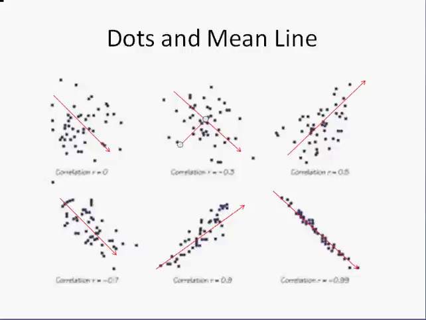If you see the distance between this dot and the mean line, that's how far away the correlation is, the R value. There are a lot of calculations. You just have to find the mean of all R values to get the actual mean R value.